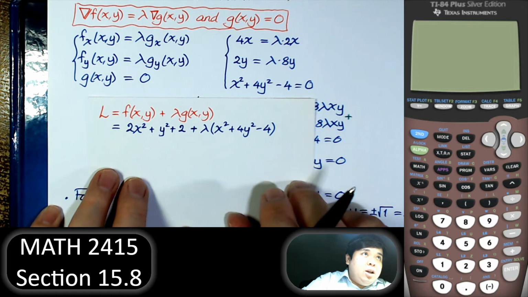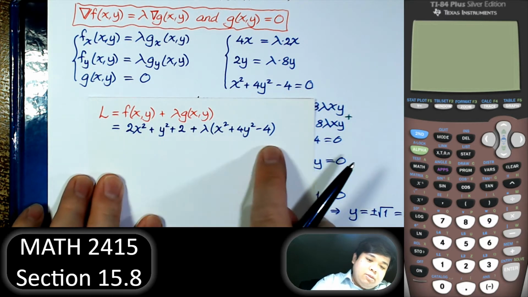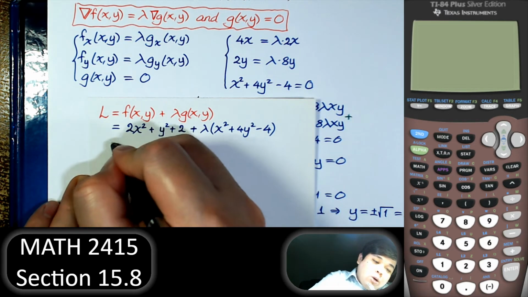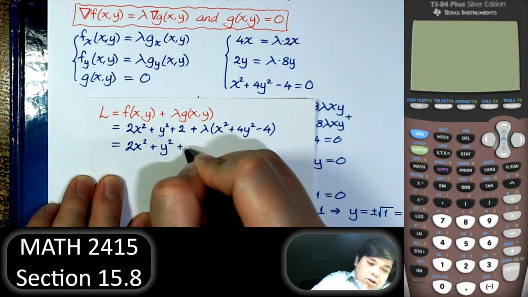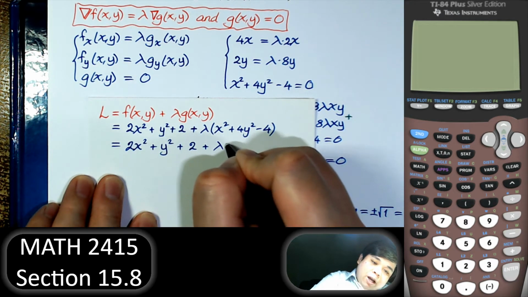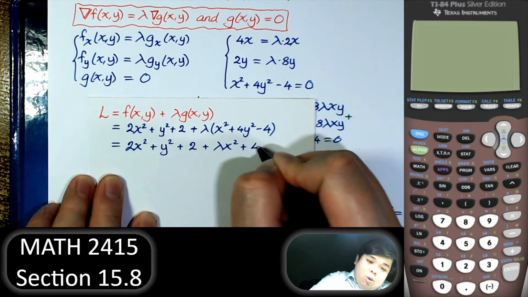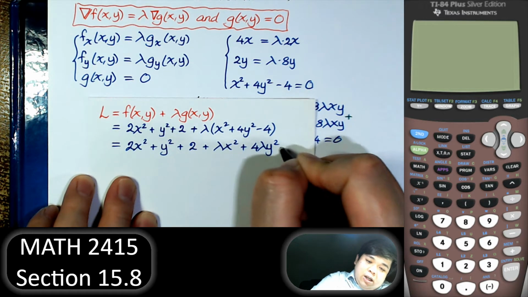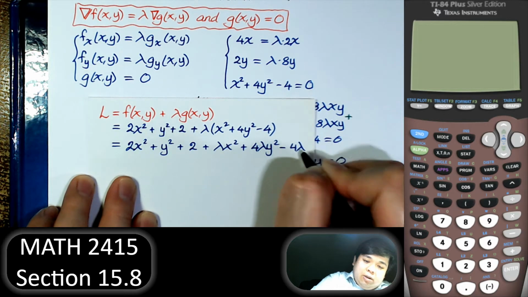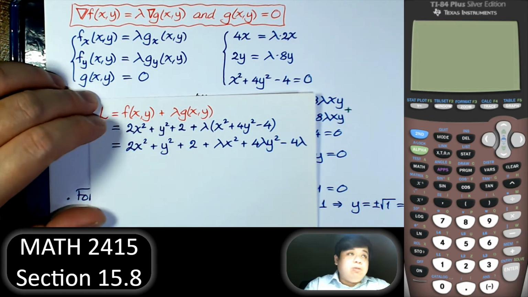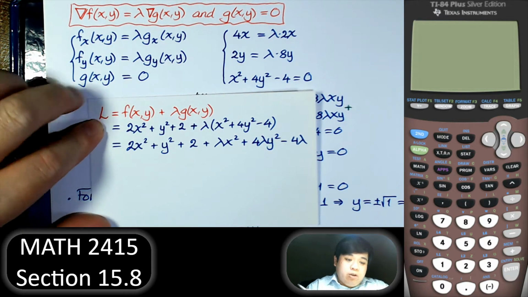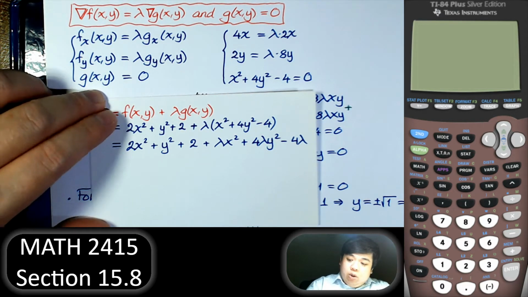Right. So we construct this function, and I will multiply it out to 2x squared plus y squared plus 2 plus lambda x squared plus 4 times lambda y squared minus 4 lambda. What I do is I will find the critical point for L. So I take the derivative of L with respect to x.